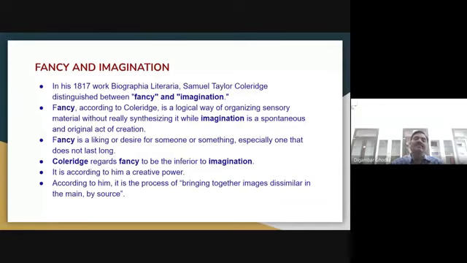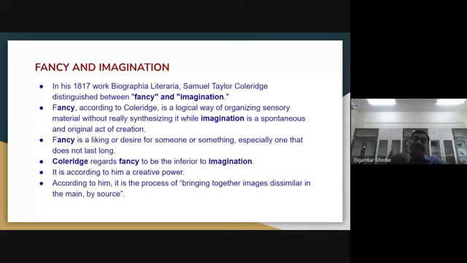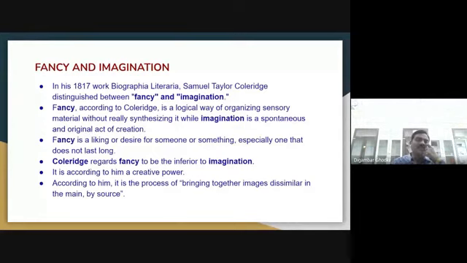When we understand fancy in comparison to imagination, imagination is a spontaneous and original act of creation. So you can understand that fancy is not spontaneous. Fancy is not original. Fancy is liking or desire for someone or something.